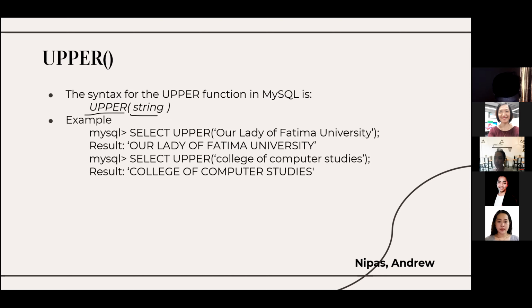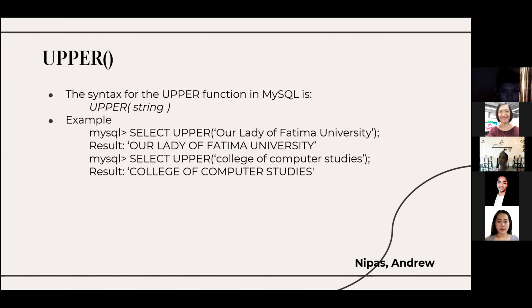It is just like a caps lock keyword, but in SQL, so it will turn the string into uppercase. For example, this is our string, followed by the open and close parenthesis. Then our result will be the Fatima University in uppercase.